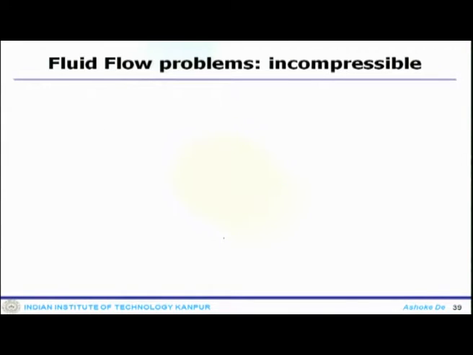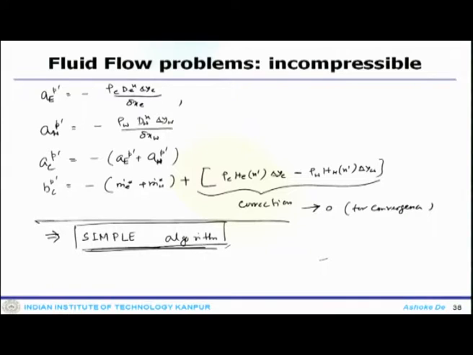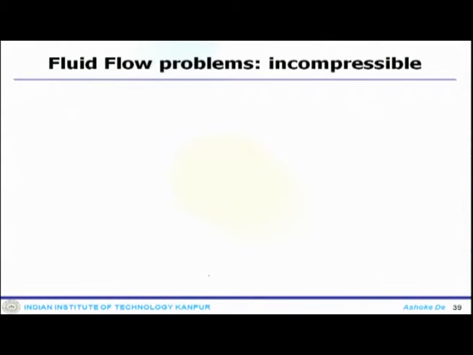Now, we will look at how the algorithm actually works, but please keep in mind that what we are deriving is on a staggered grid. So, this algorithm and the correction terms are in the staggered grid system. So, how would the system work for the SIMPLE algorithm?